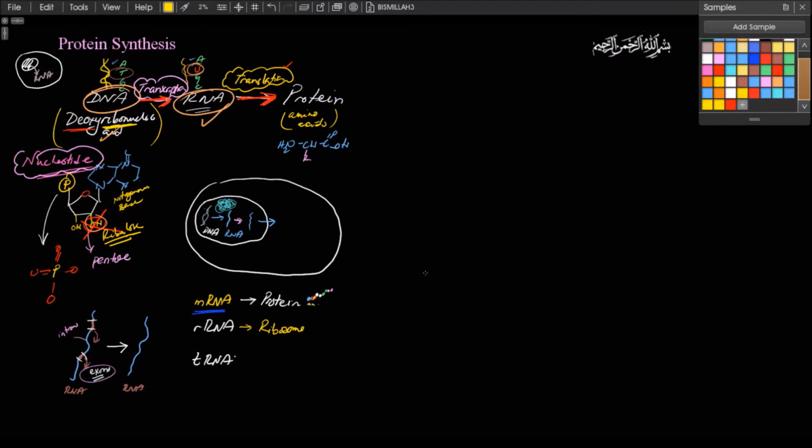Okay, so ribosomal RNA is, in other words, if you recall the ribosome, if you want to draw a ribosome, it's pretty easy. You draw like this. The ribosome is made of 2 subunits: a large subunit and a small subunit. So the ribosome has a large and a small subunit.